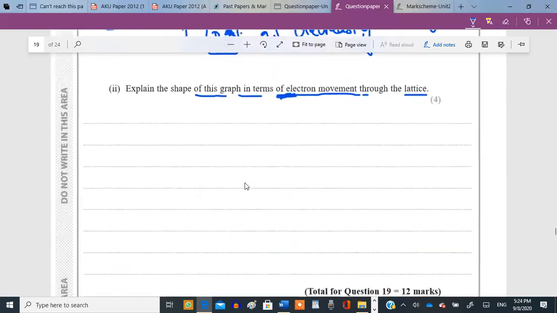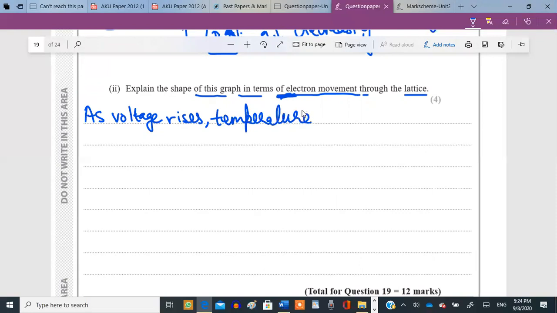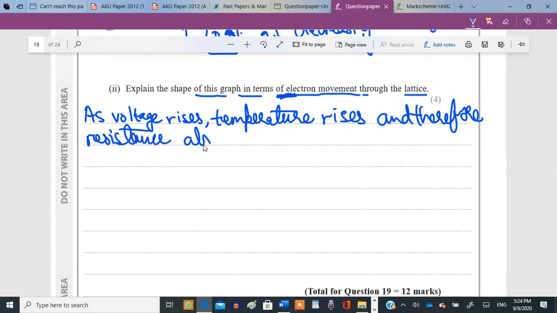Explain the shape of the graph in terms of electron movement through the lattice. So as voltage rises, the temperature rises, and therefore the resistance also rises. Why does the resistance rise?